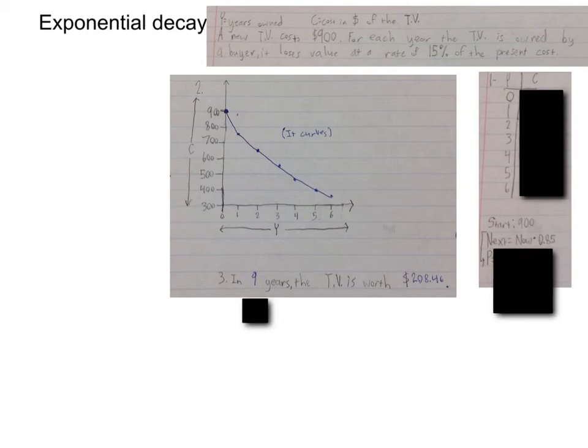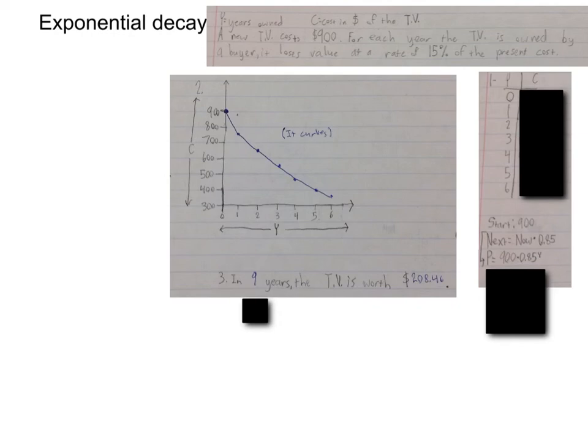And the now next equation is next equals now times 0.85 because we're losing 15% each year, or multiplying it by 0.85. And then the exponential equation would be p equals 900 times 0.85 to the y power, because 0.85, as I said, is our decrease rate. No, 15 is, but 100 minus 15 equals 85.